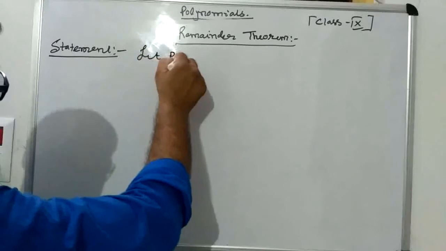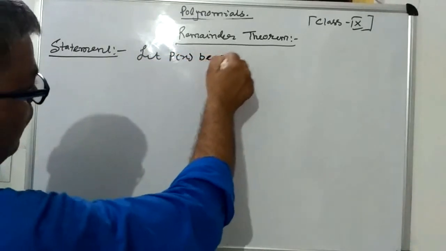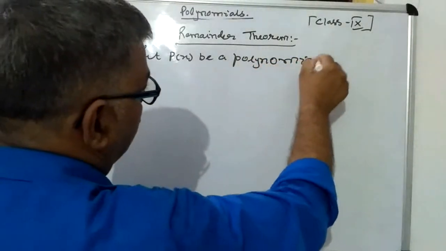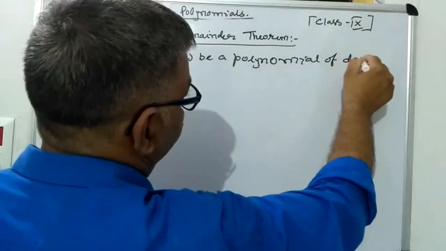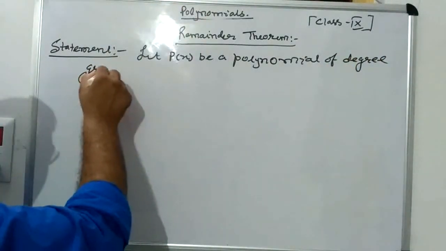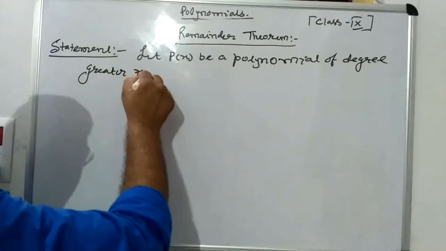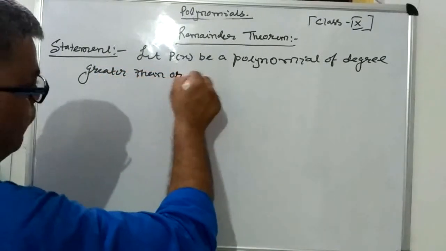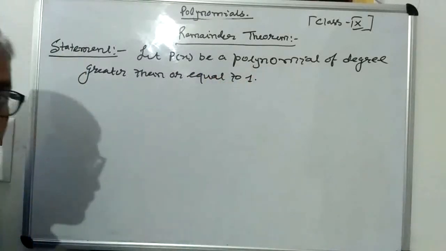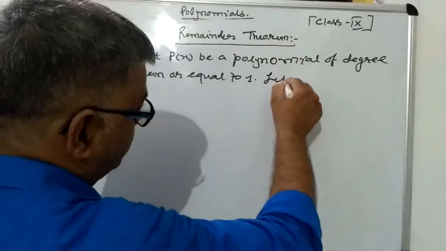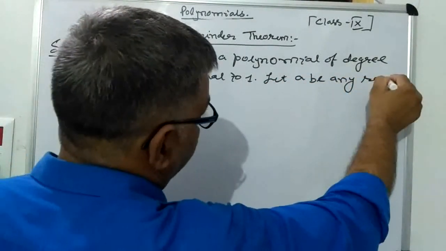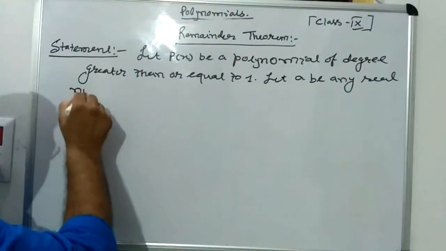Let P(x) be a polynomial of degree greater than or equal to 1, and let a be any real number.